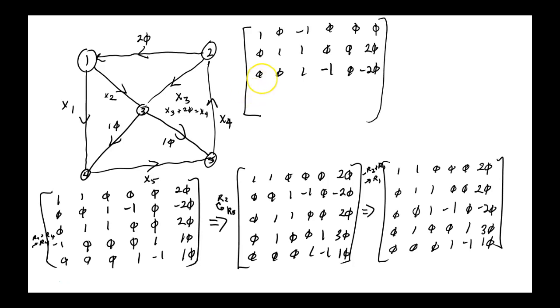Yes, sir. How about row 4? I think you mentioned that one. 1, and what? How do you do that? Negative row 2 plus row 4 is the new row 4.